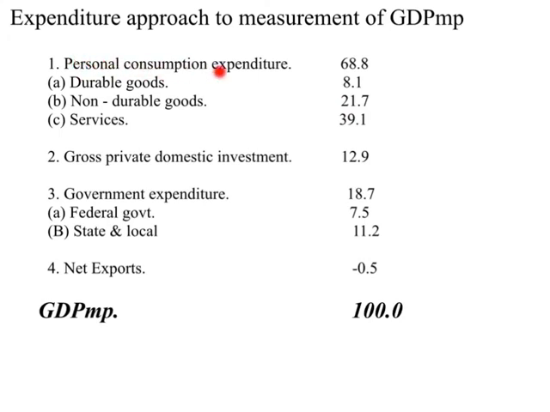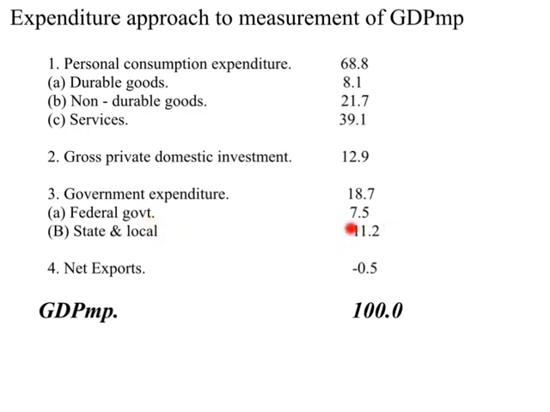Now to personal consumption expenditure, we add gross private domestic investment, which was 12.9% of GDP. And then to that we add government expenditure on directly productive activities, and this was about 18.7% of GDP. In the US, most of the government expenditure on productive activities comes from state and local government.